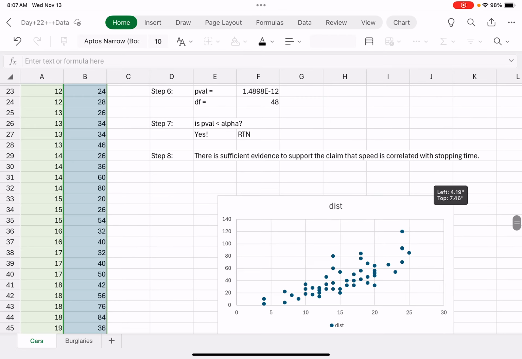Okay, I have here my sheet from day 22. We're just going to add to it.